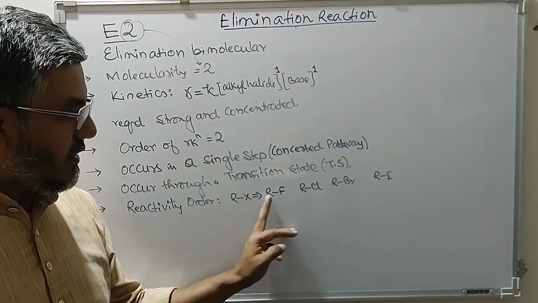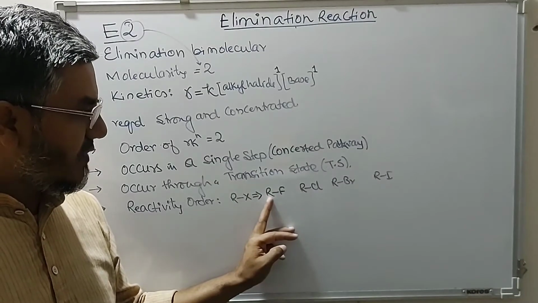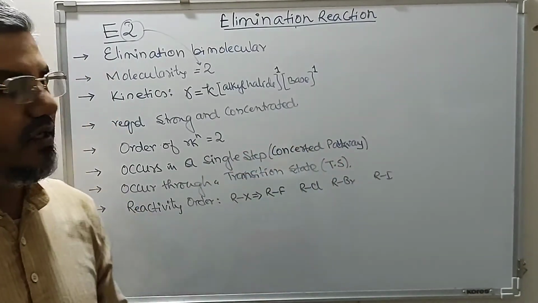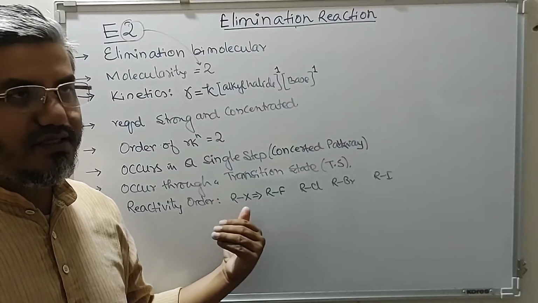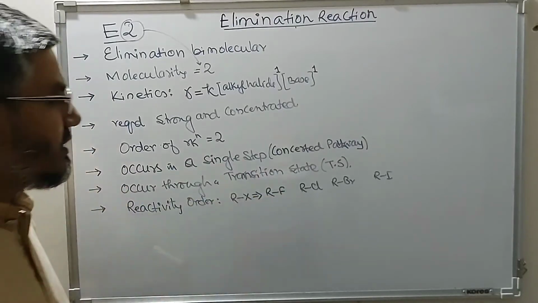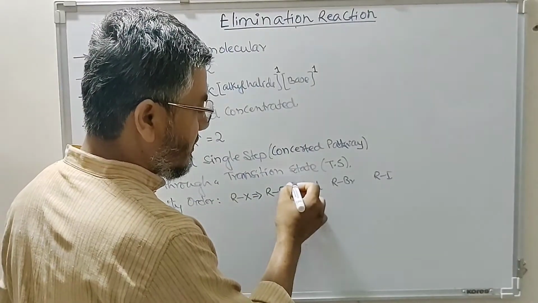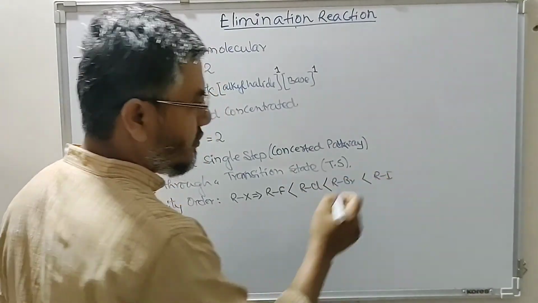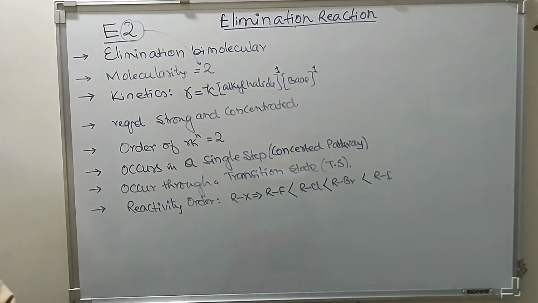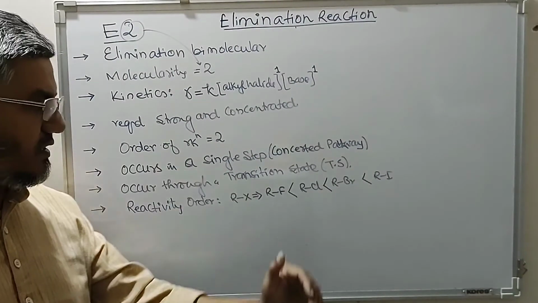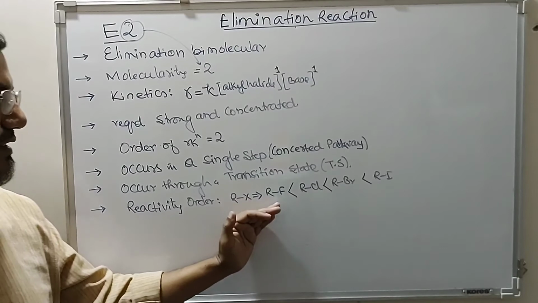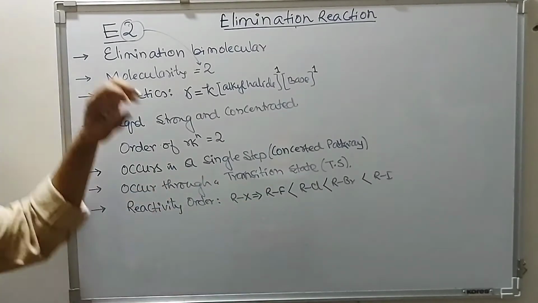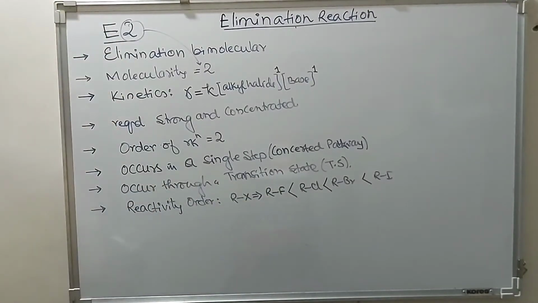Look at this, the alkyl group remains the same but the halogen is different. Then the reactivity order increases from fluoride to chloride, chloride to bromide, and bromide to iodide. So alkyl iodide is the most reactive and alkyl fluoride is the least reactive for this E2 pathway.